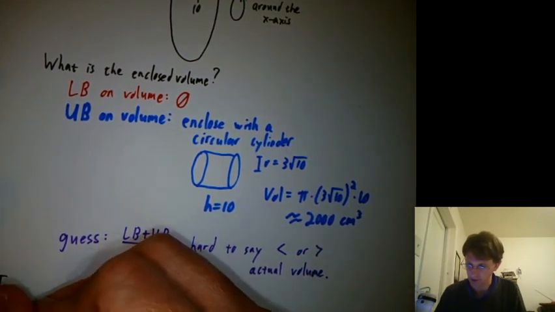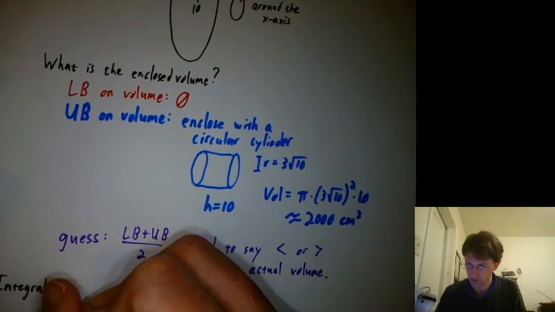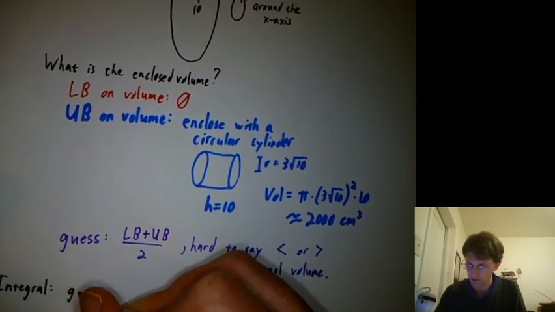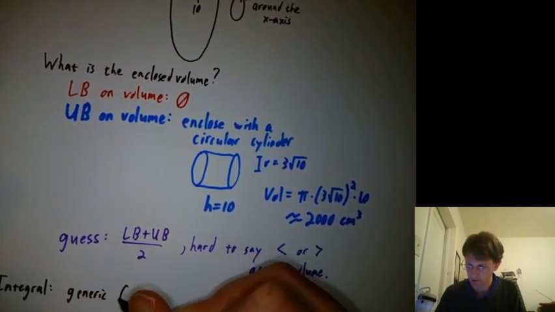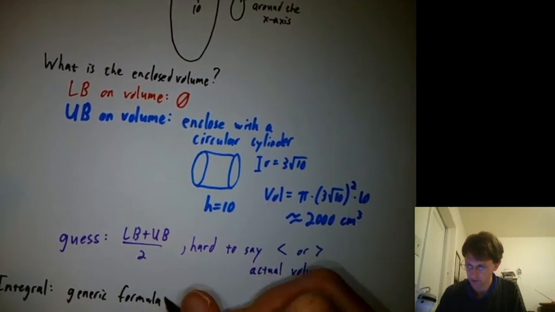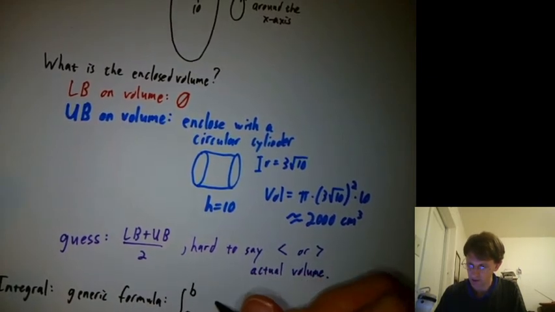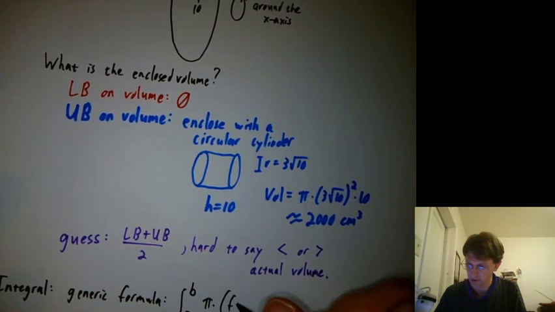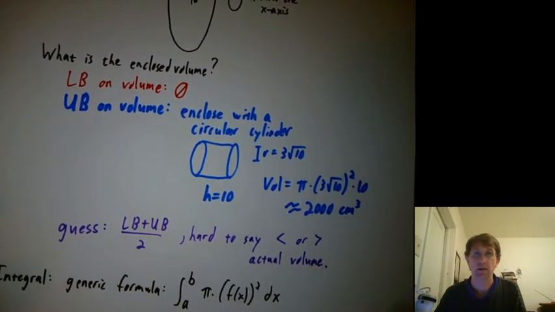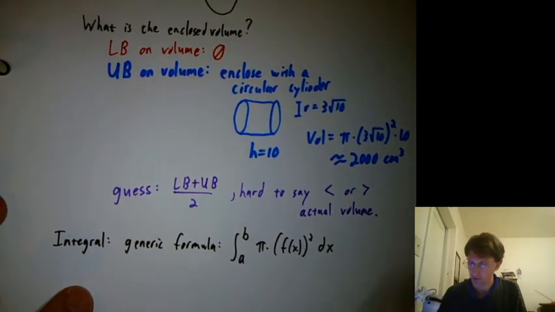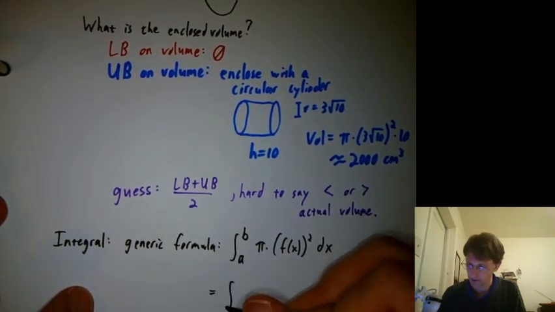Let's write the actual integral. Our generic formula is integral a to b pi times f of x squared dx. So what is that specific to this case?